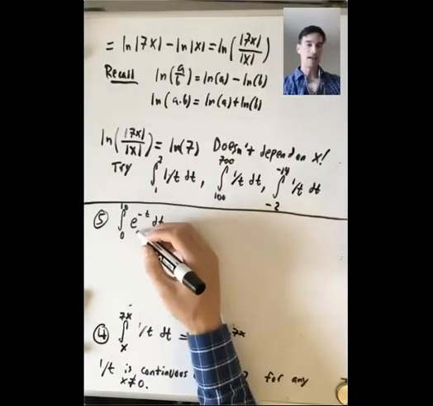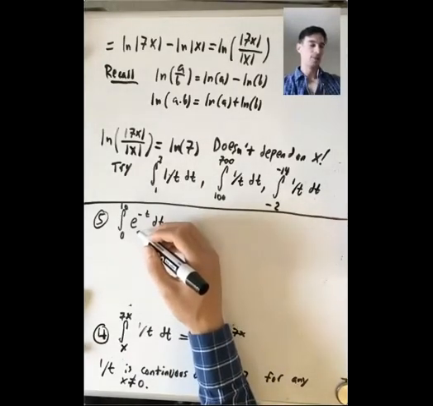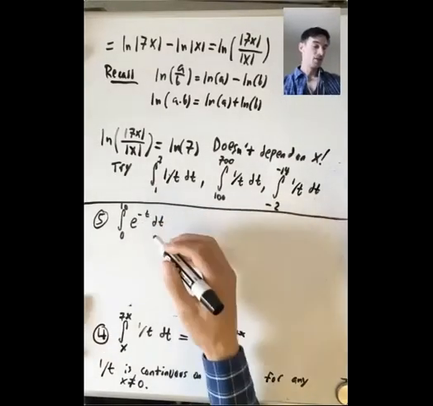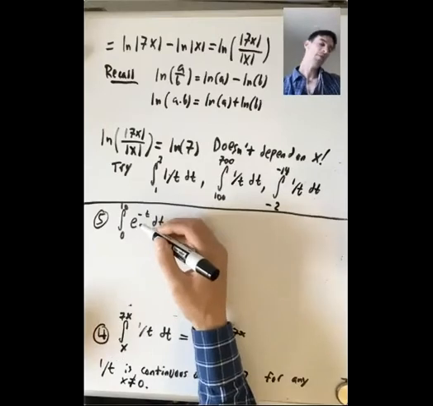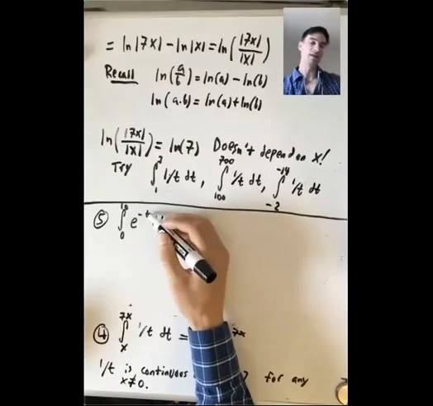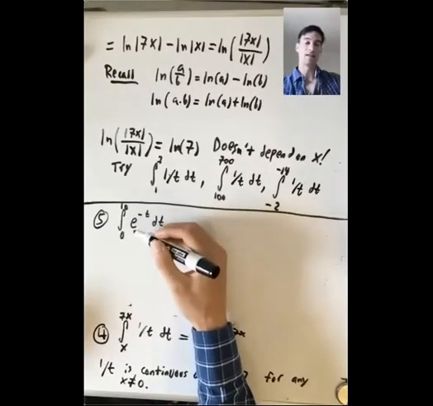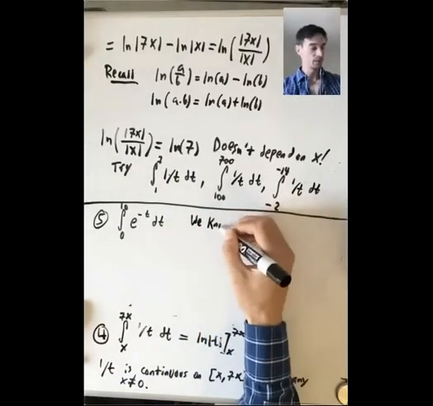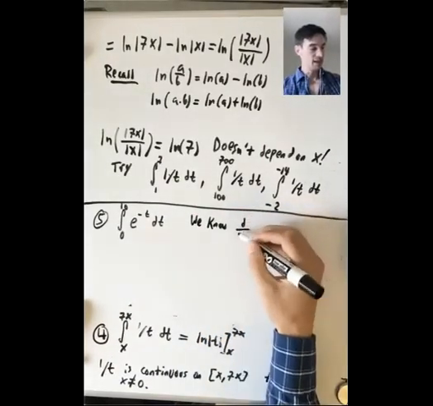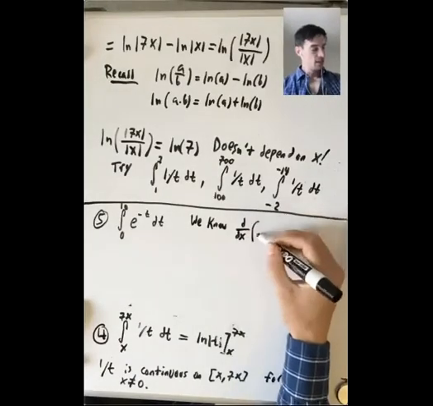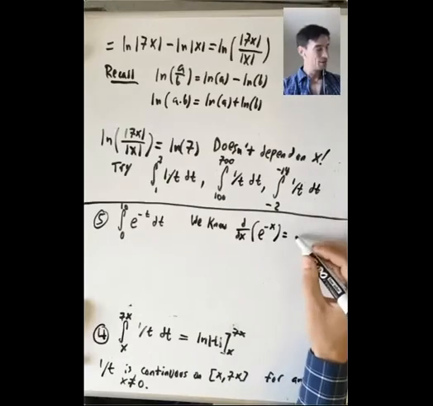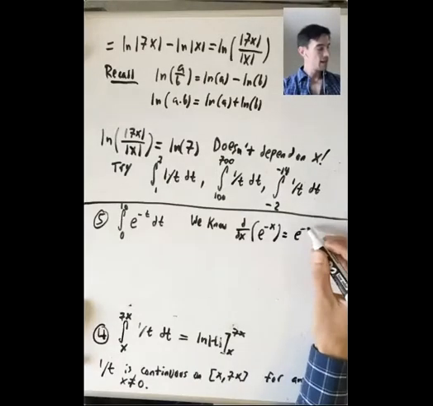How do you find an antiderivative of e to the minus t? We know an antiderivative of e to the t. So what happens when you take the derivative of e to the something? You get some constant times e to the something. So let me just say we know d dx of e to the minus x is equal to e to the minus x.